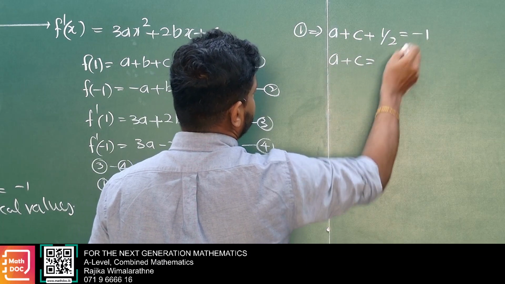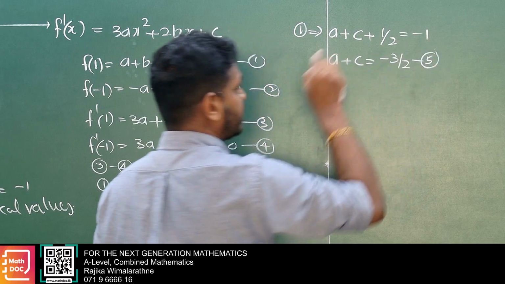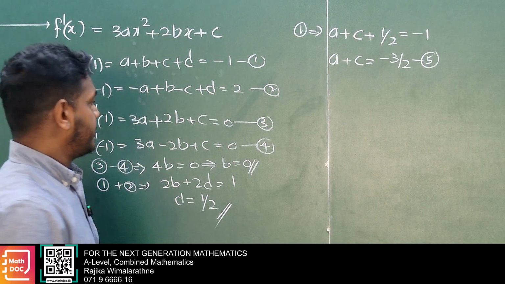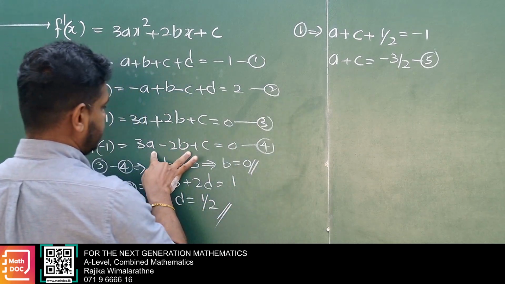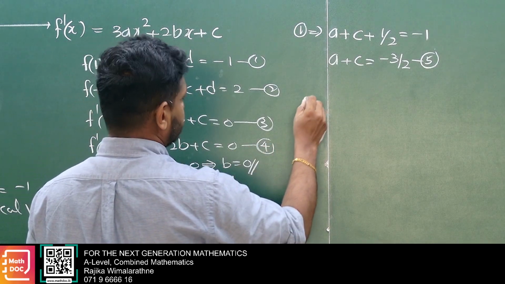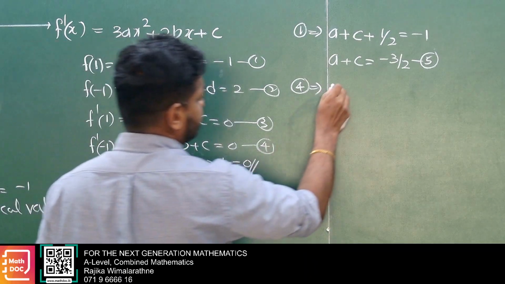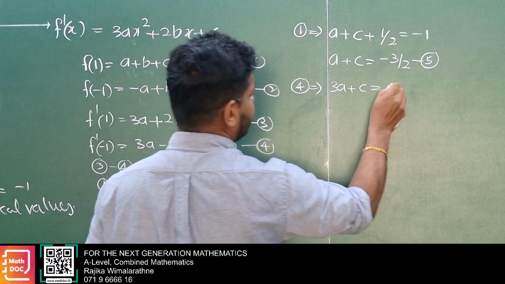Then a plus c equals minus 3 over 2, say fifth equation. Then take the fourth one. With b value 0, 3a plus c equals 0.